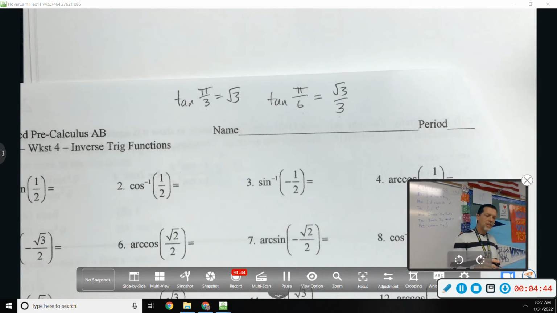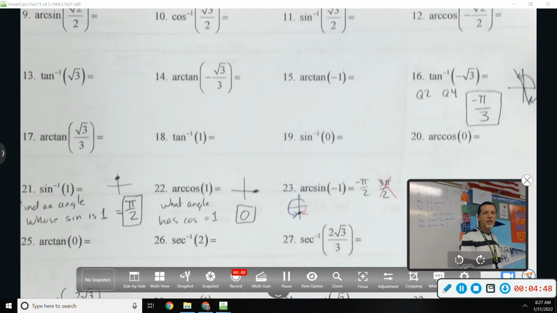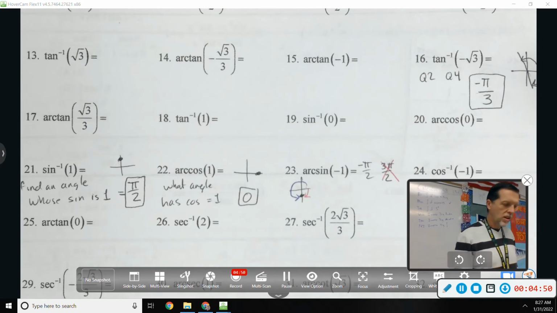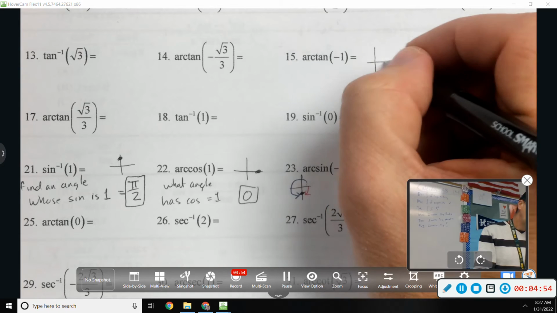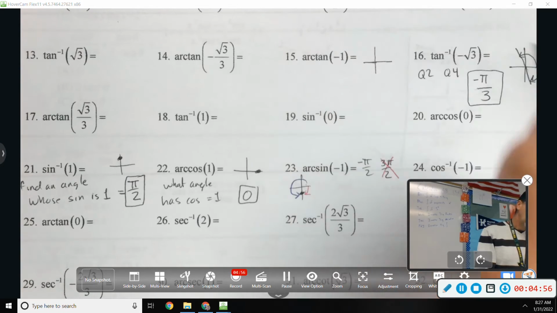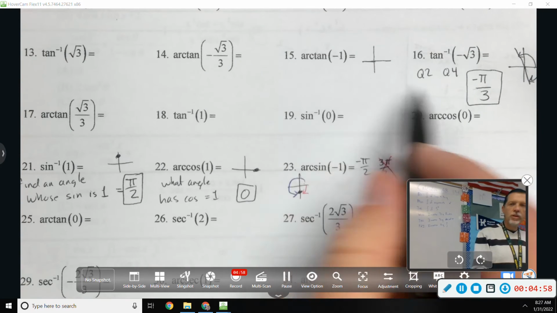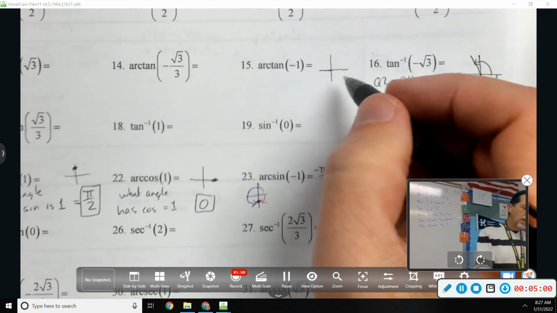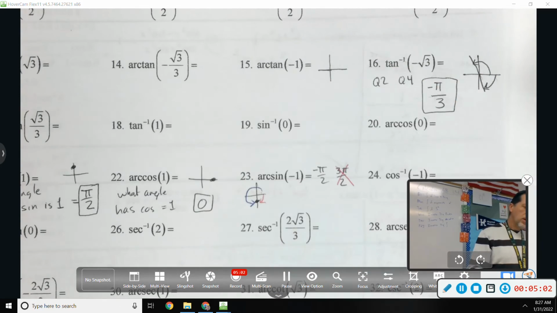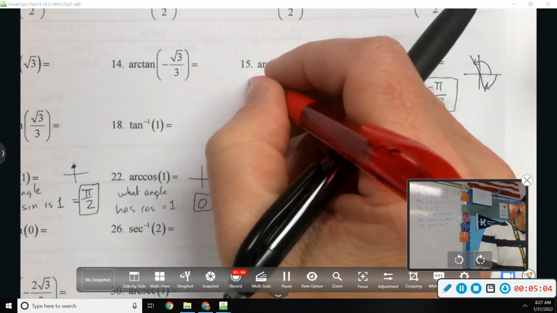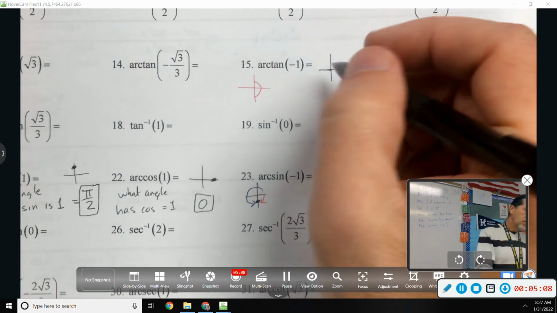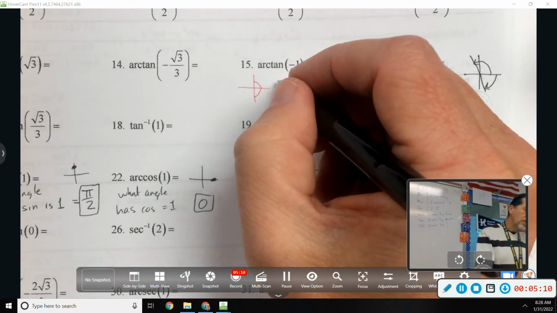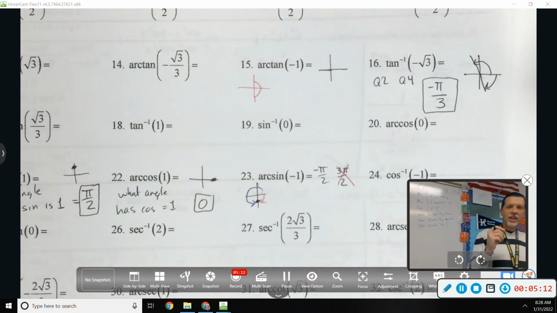15. Could you do 26? 15 and 26. 15, arc tangent negative 1. Let's see. Tangent is negative in quadrant 2 and 4. We just kind of did this part of this problem. We've got to be in quadrant 4. The other way to know that is tangent always comes from 1 or 4. So where is y over x? Where is sine over cosine equal to each other?